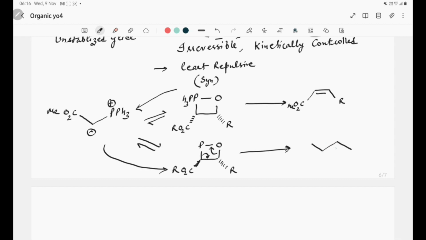Although this is debatable, this is the explanation most scientists agree with. So this is more, you can say, thermodynamic control once the ylide is stabilized.